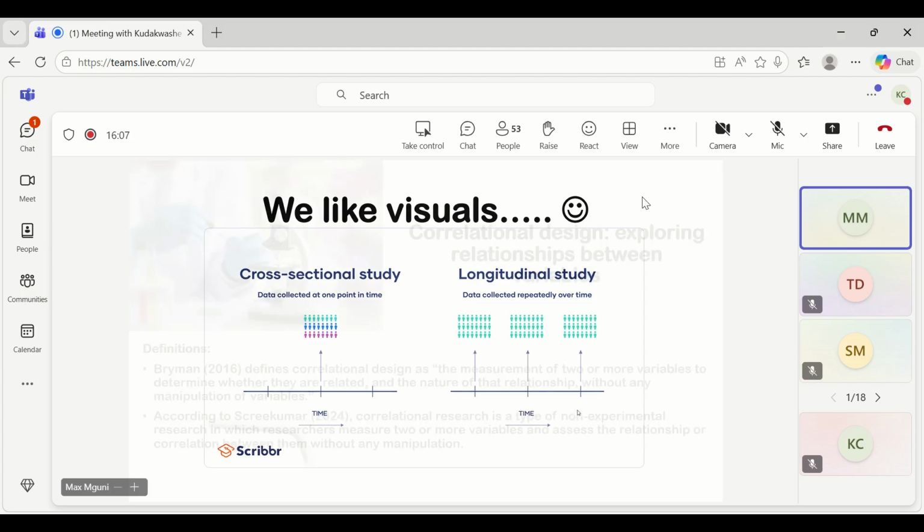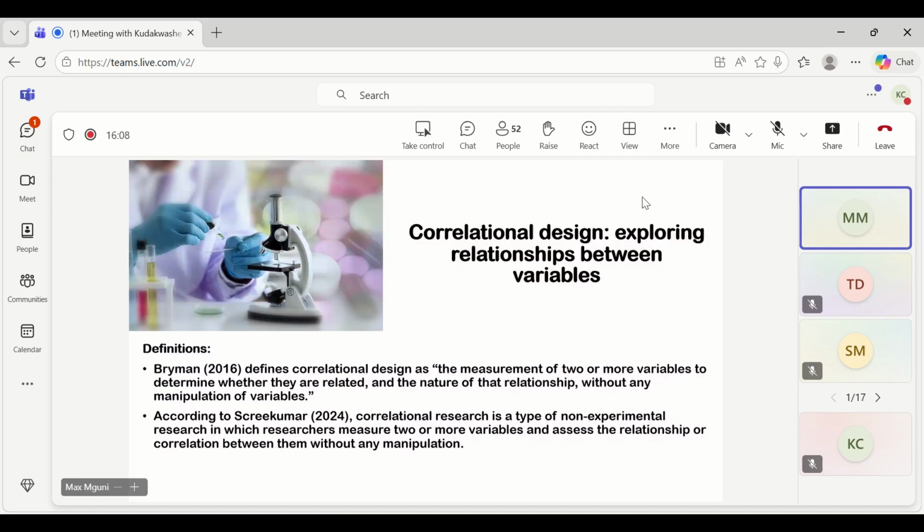Okay, correlational design. That's another one. We are now going to be exploring relationships between variables. Breiman defines correlational designs as the measurement of two or more variables to determine whether they are related and the nature of that relationship without any manipulation of variables.